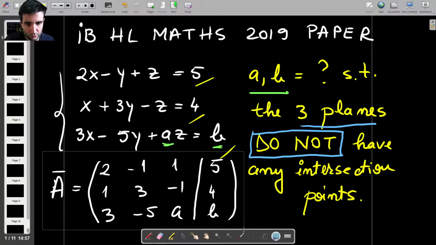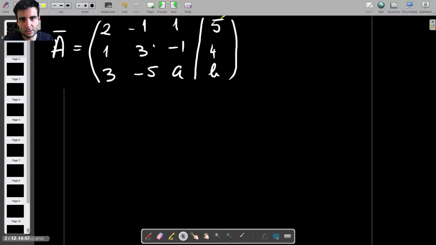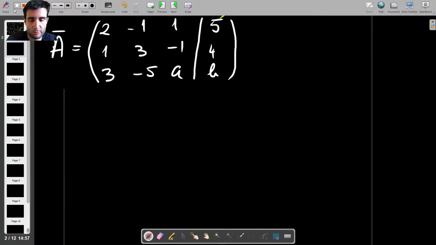Now, the first thing I would do, before doing any row operations, any multiplying rows with constants and subtracting from other rows, is to switch rows 1 and 2 around.